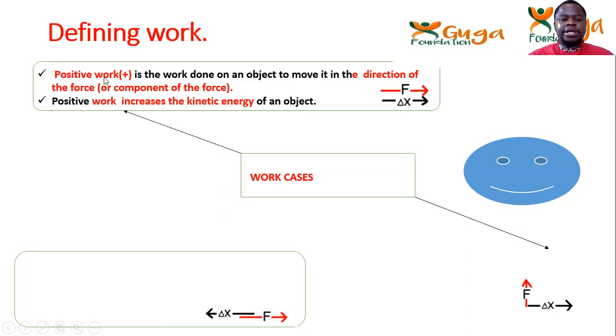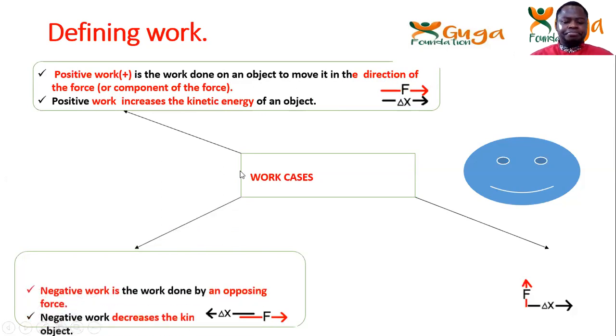Meaning that when your force and your displacement are in the same direction, you do positive work. Positive work increases the kinetic energy of an object. We'll talk more about kinetic energy on the following slides.